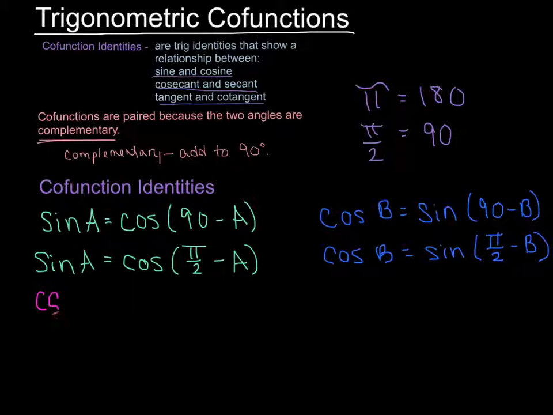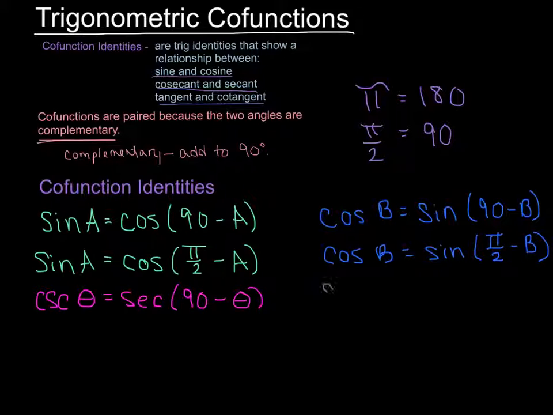So the cosecant of some angle, we could say theta, is the secant of 90 minus theta, or pi over 2 minus theta.